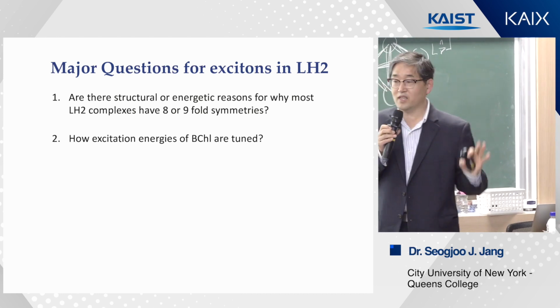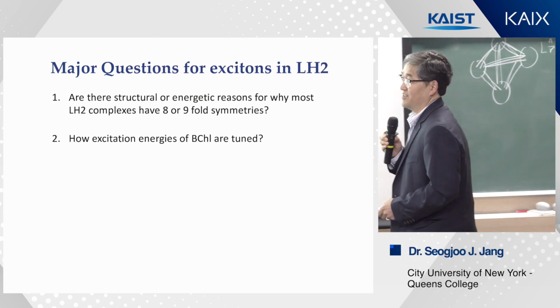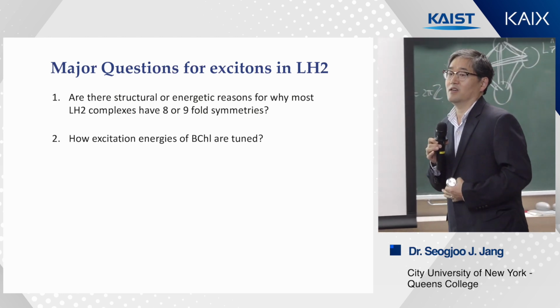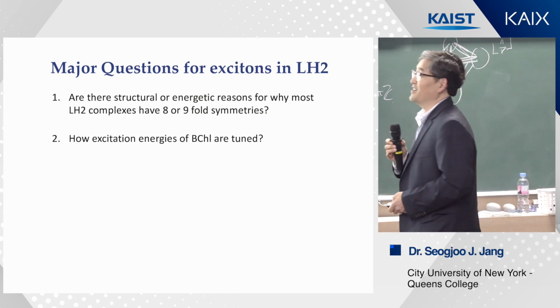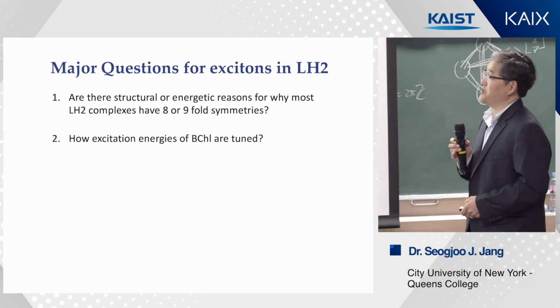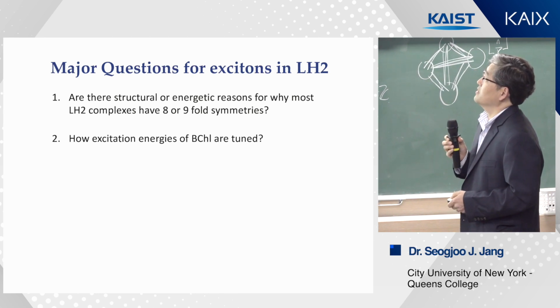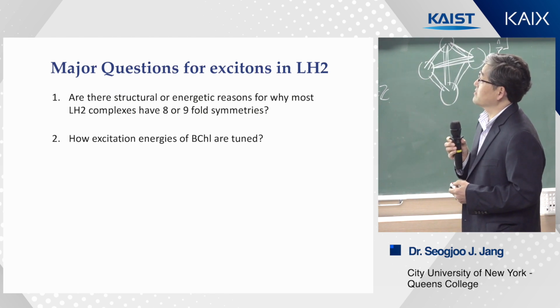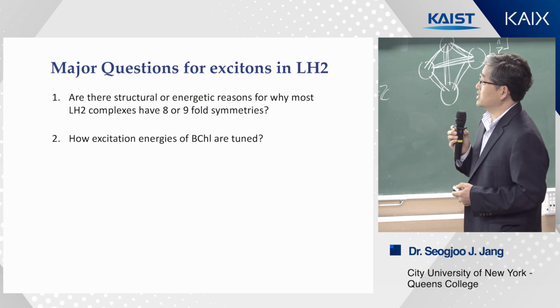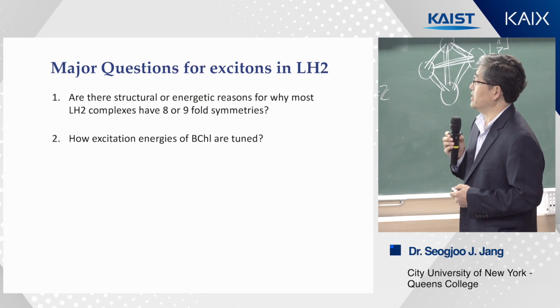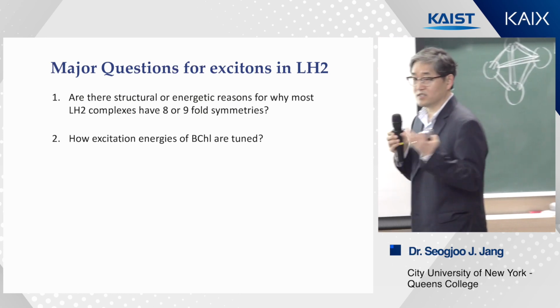But that doesn't mean that I understood everything. In fact, there were so many questions that kept bothering me for a long time, or that I was really curious about. One of them was that most of the LH2 complexes at that time were known to have 8 or 9-fold symmetries. Why is it so?